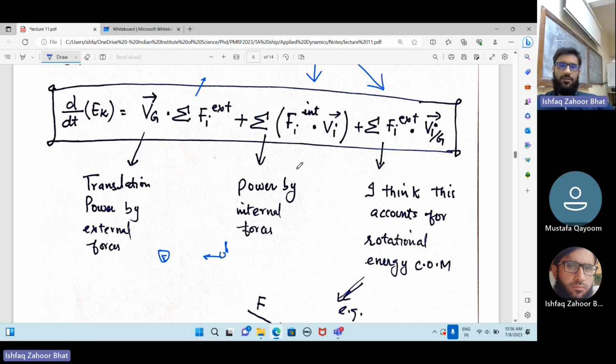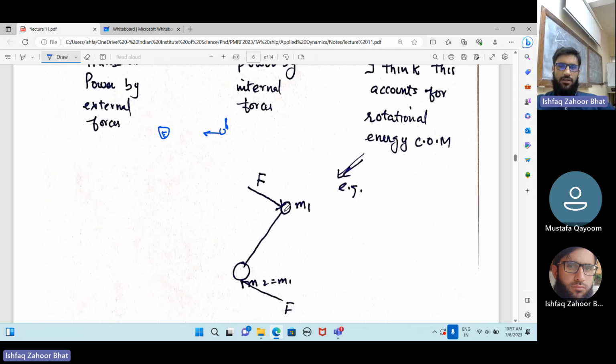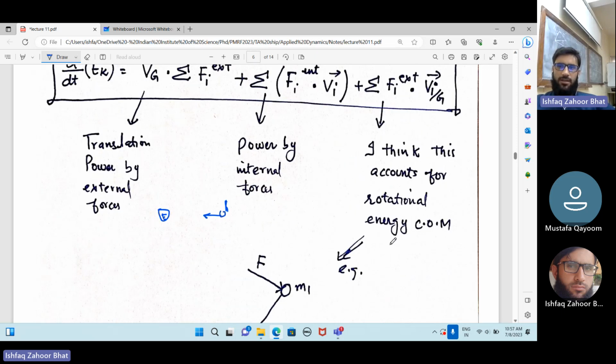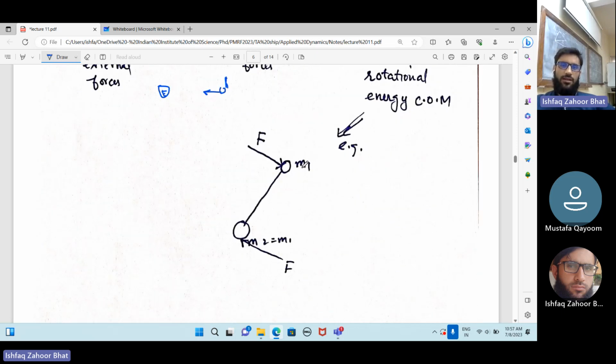So let's take an example which will, I think, explain this thing. So let's assume that M1 and M2 are two masses of our system, and we are applying a force F in this direction, and we are applying the same force but in the opposite direction to M2. M2 and M1 are the same, and this F and this F are the same.